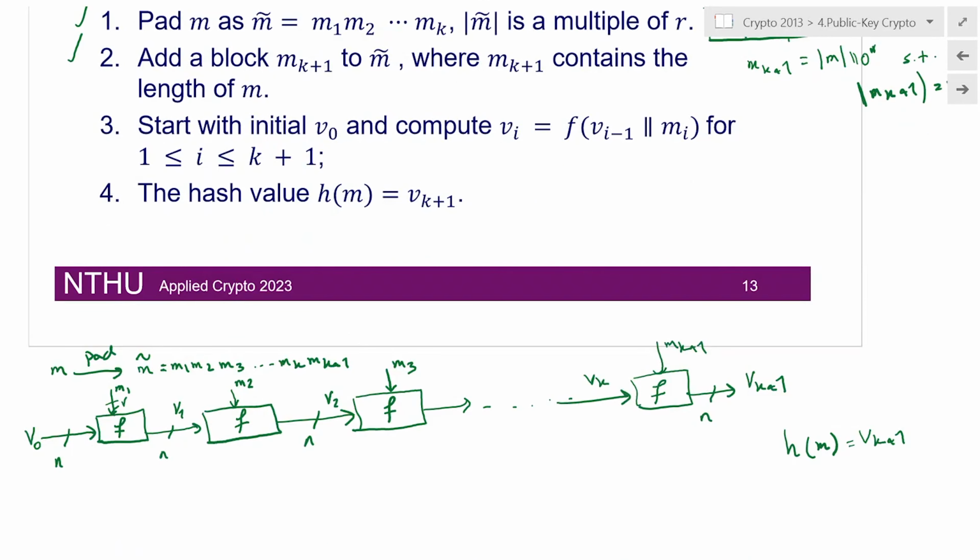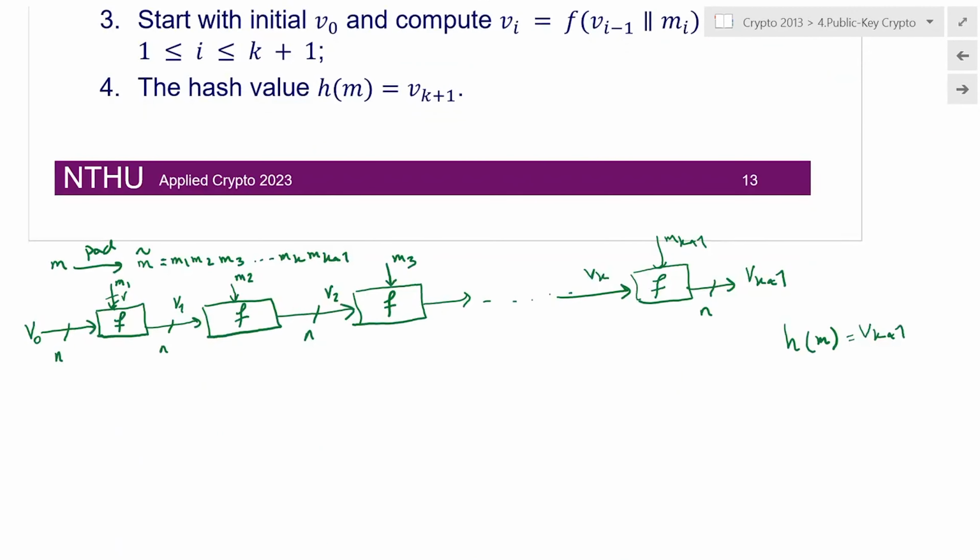So Merkle gave this definition, and it works. The way that he suggested was that we basically pad our message, we chop it into r-bit blocks, and then we start with always some initial value, and then based on the different values of m over here, you see that the output of f would change, and we would do this iteration.